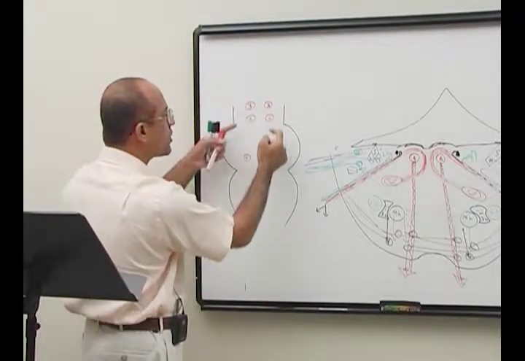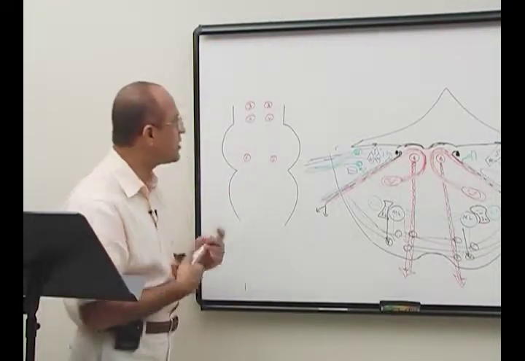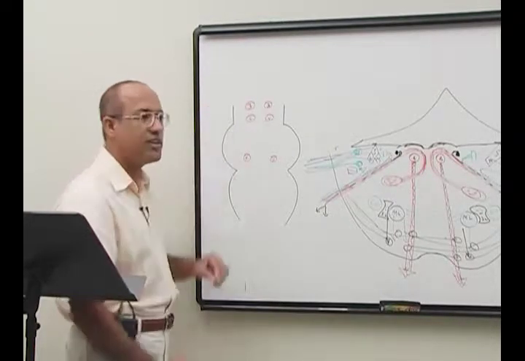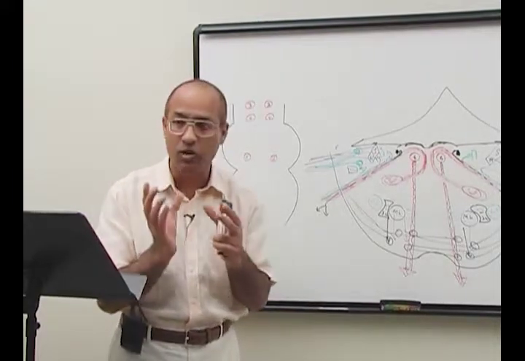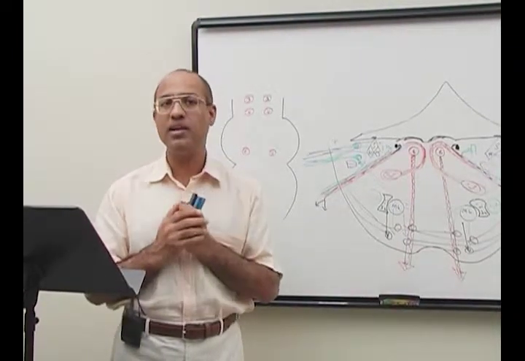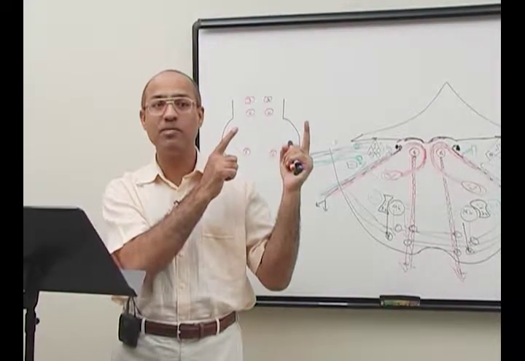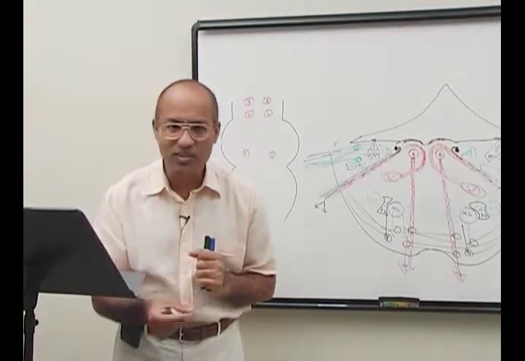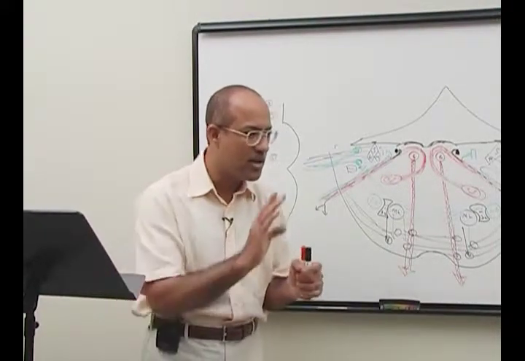The third, fourth and sixth nerve nuclei are concerned with movement of the eyes, because the oculomotor, trochlear and abducent nerves all supply the extraocular muscles, the muscles which are outside the ocular ball and which move the eyeball, right? For example, if I am looking on that side, both eyeballs move there; this is the function of extraocular muscles. If I am moving the eyeballs here or up or down, this is all the work of the extraocular muscles, which are controlled by the third, fourth and sixth nerves. Am I clear? No problem. Now listen to one thing.